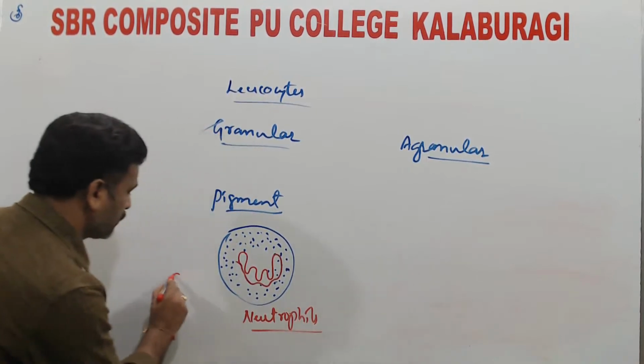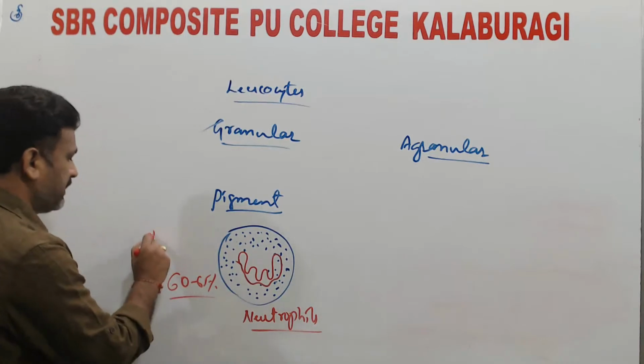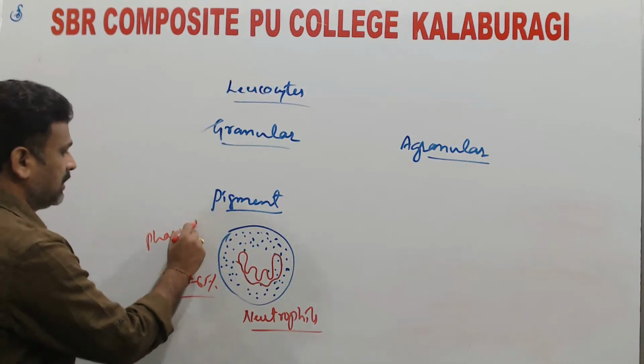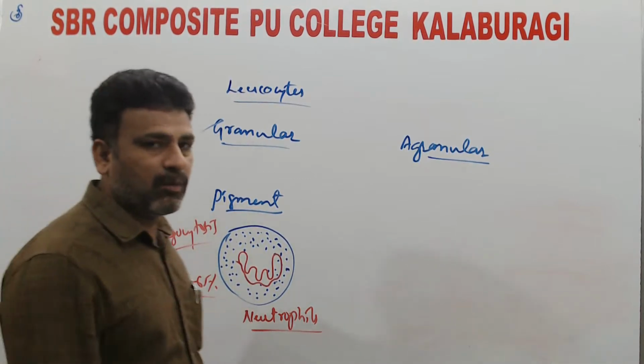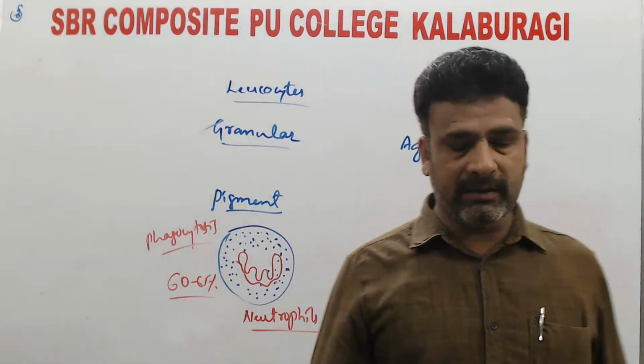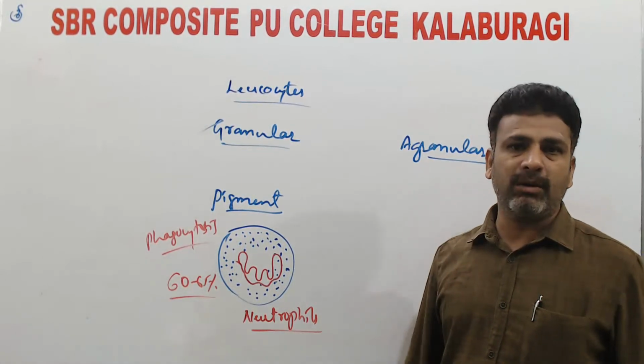Such neutrophils make up around 60 to 65% in our body, and they are involved in the phagocytosis process. Phagocytosis means they engulf foreign bodies, antigens, or pathogens which enter into our body.